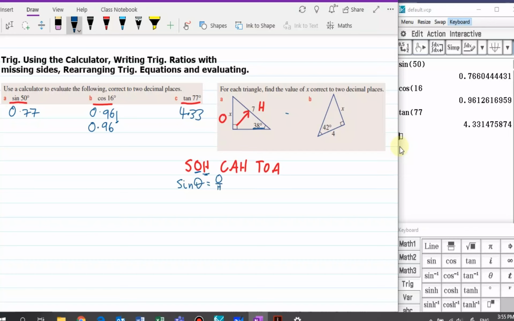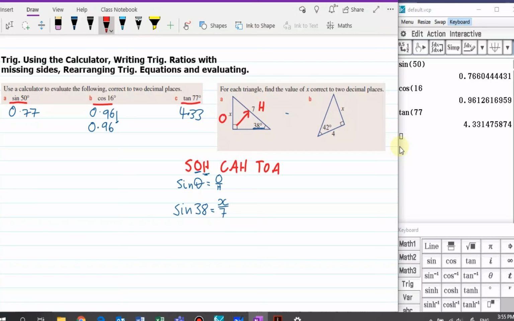Now I want to substitute all the values I can into that. So sine of 38 is equal to the opposite, which is x, we don't know that, over 7. Now we want to rearrange this. If we go back to our algebra, we look at what's happening to the thing we want to get on its own.